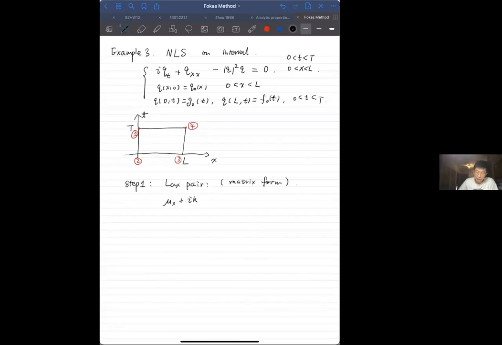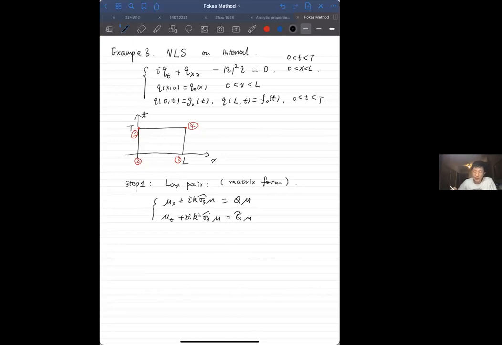You can derive this from the AKNS hierarchy or Zakharov-Shabat's system, and we write this in Beals-Kaufman's form: mu_x plus ik sigma 3 adjunct, mu q, and mu_t plus 2ik squared sigma 3 adjunct, mu q tilde.